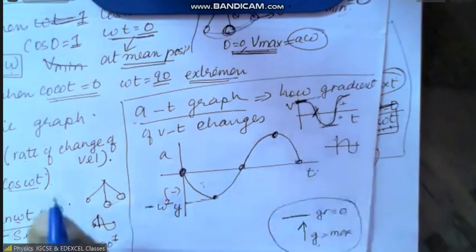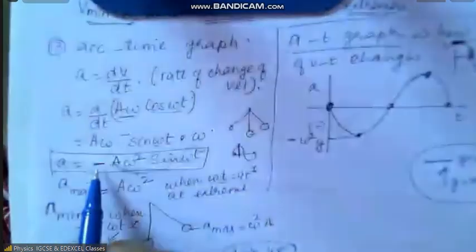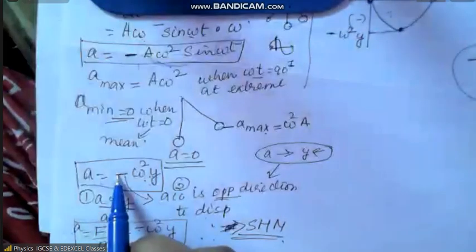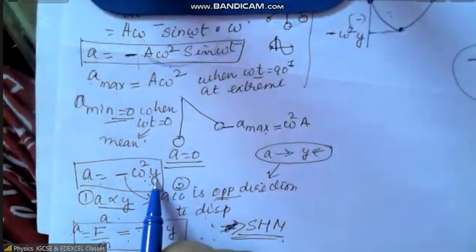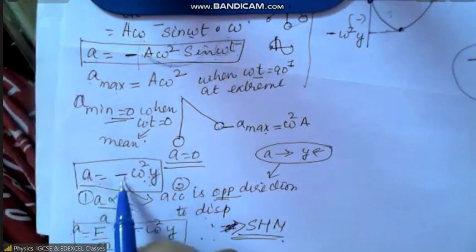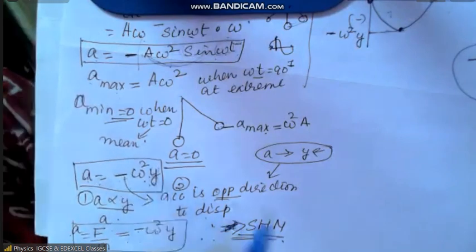Is that shown in our equation? Yes. Look here, you got a negative sign. Acceleration is a negative sine graph. That is why you got this one.